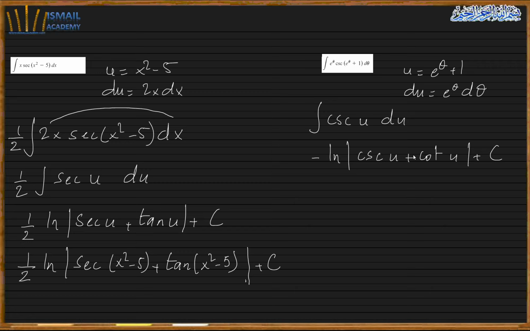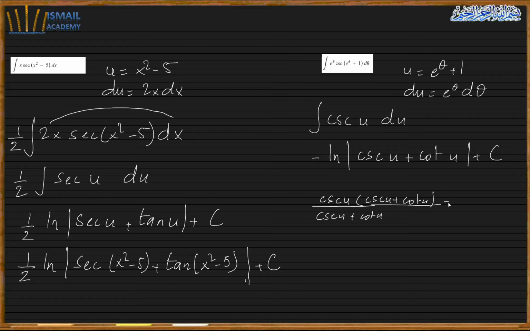So like I say, if you want to integrate this, you multiply both sides, the numerator and denominator, by this expression. So you're gonna have on the top the numerator. So if I do it here, I have cosecant u times cosecant u plus cotangent u, and here I multiply by cosecant u plus cotangent u.